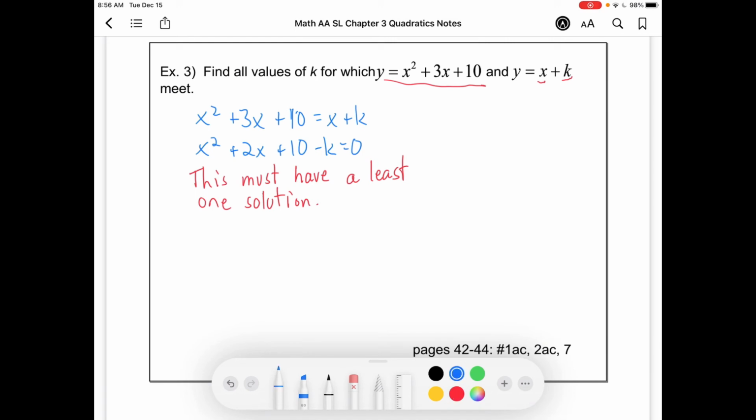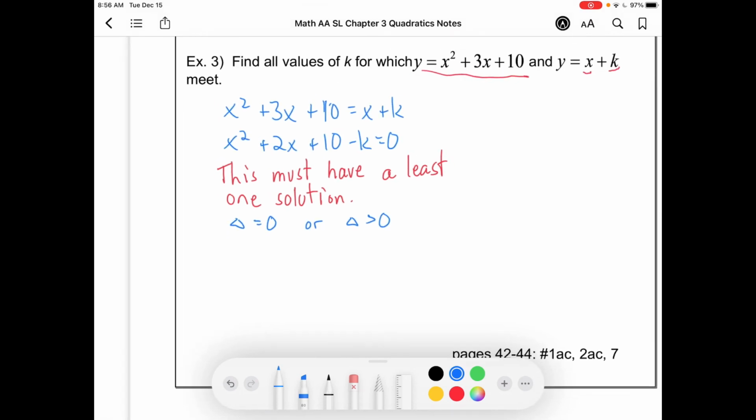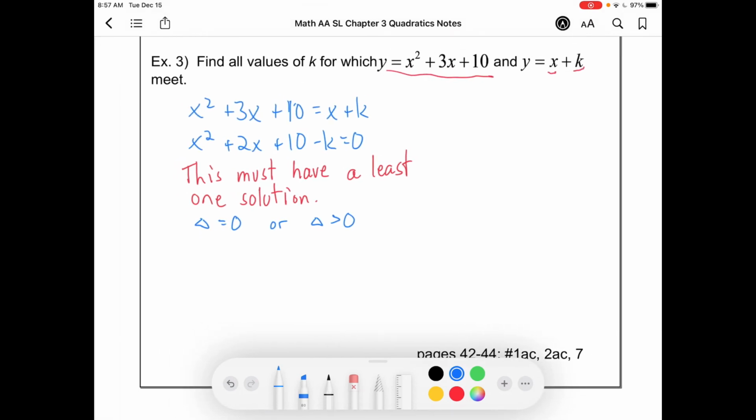If it has at least one solution, that means the discriminant is either 0, which means there's one solution, or the discriminant's positive, which means that there's two solutions. I wonder if there's a mathematical symbol that means that, either equal to or greater than. Oh my gosh, there is. If they meet, then the discriminant must be 0 or greater.